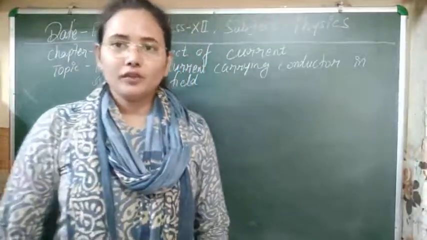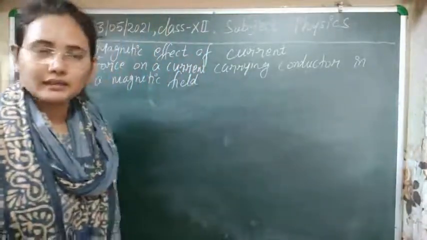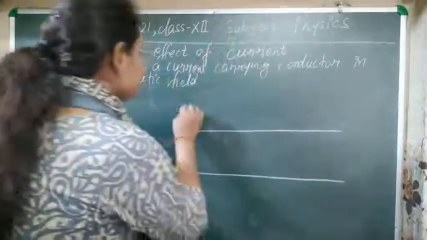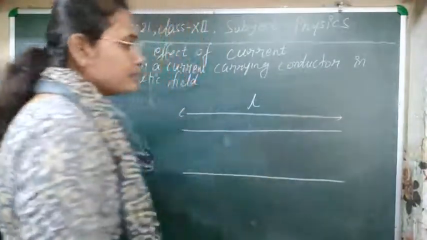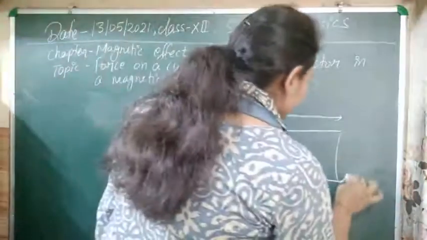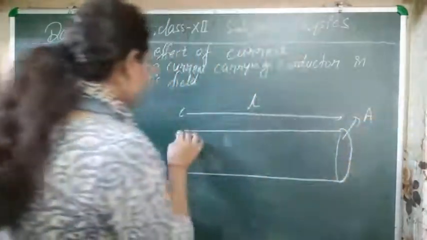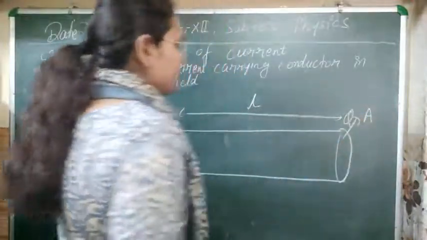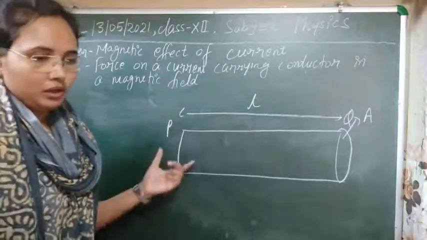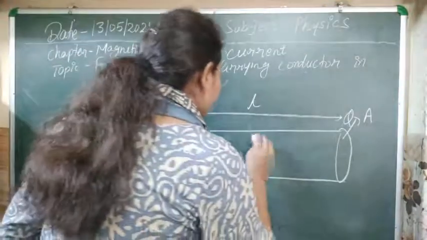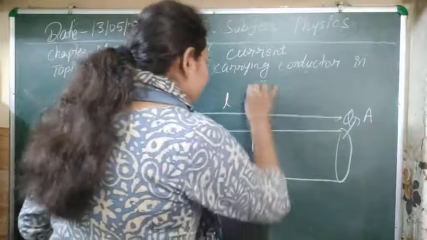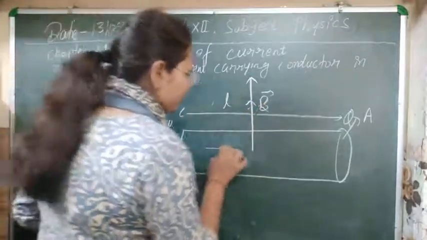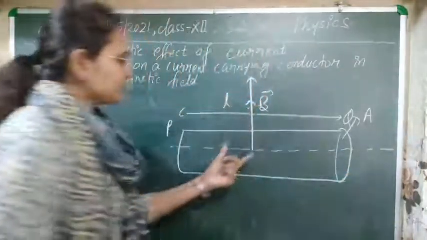For the derivation of the formula, let us suppose we have a conductor of some length l and cross sectional area A. Suppose we have taken a conductor PQ, and its length is L. We put this conductor in a magnetic field that is perpendicular to the axis of the conductor.